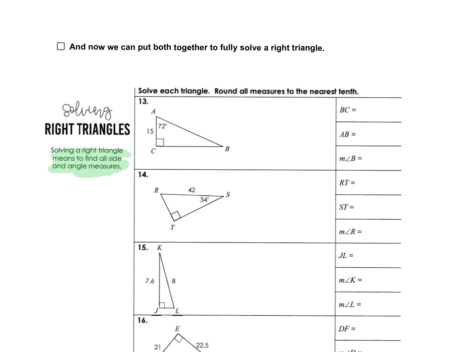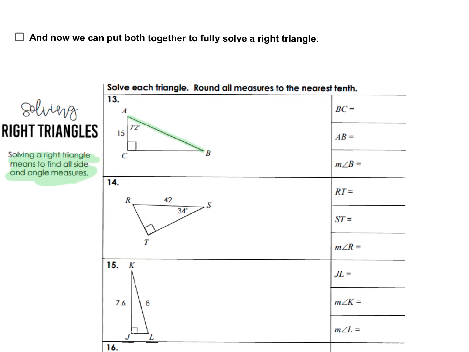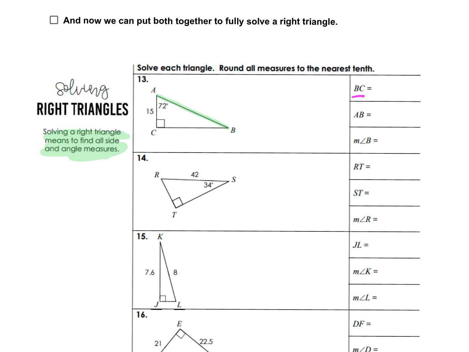Okay. All right. I'm going to highlight the hypotenuse just to keep that in mind. On this particular worksheet, if you notice, it's saying side BC. Well, that is equivalent to side A, right?